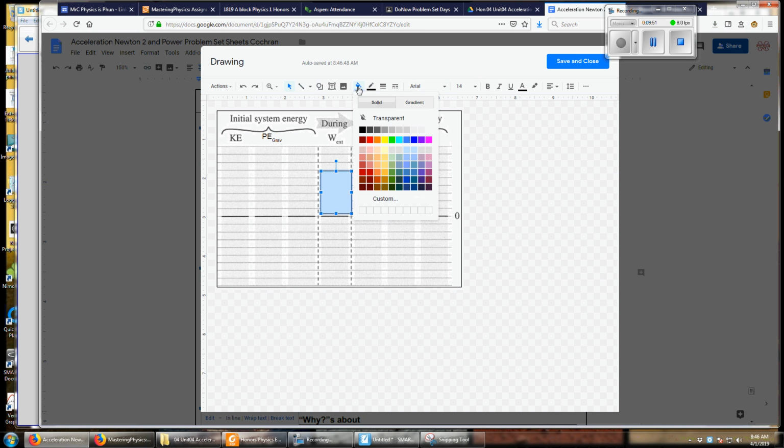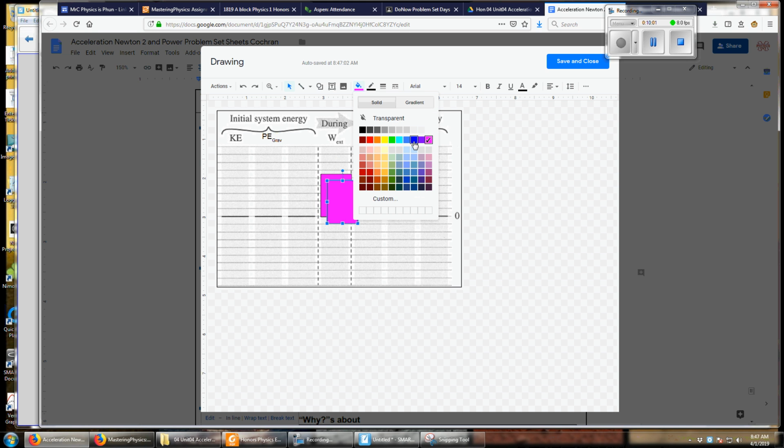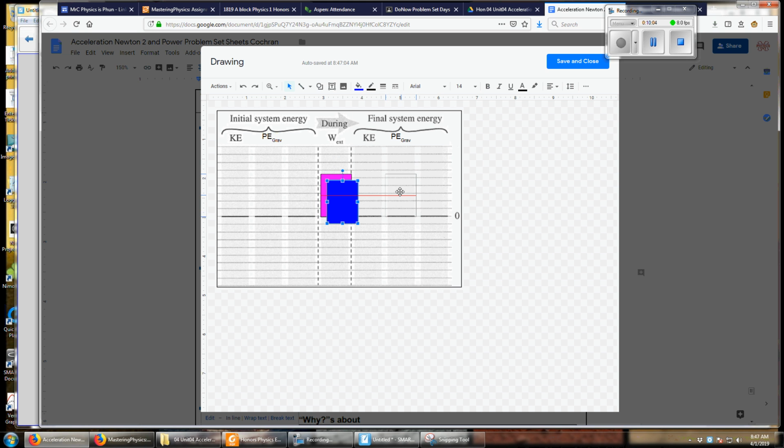Where's my... Oh, there it is. And that will actually become gravitational potential energy is the way I'm going to look at it when I get up to the top. I'll be stopped again, so no kinetic energy.